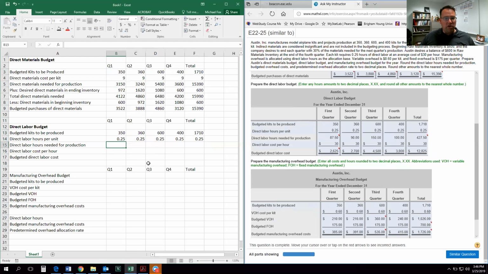So our direct labor hours needed for production is going to be the number of kits budgeted to be produced times the direct labor hours per unit. And our total will be the sum of all of those. Our direct labor cost per hour is given to us at $30 per hour.